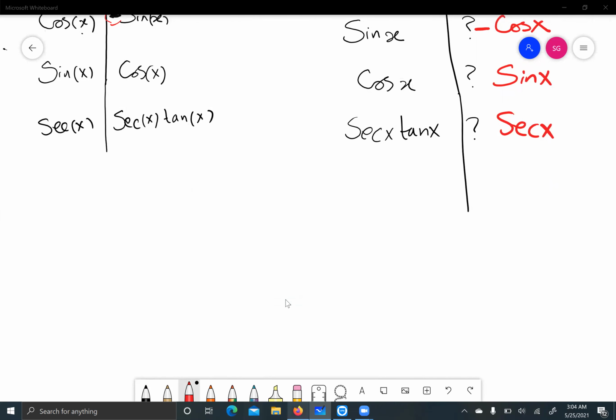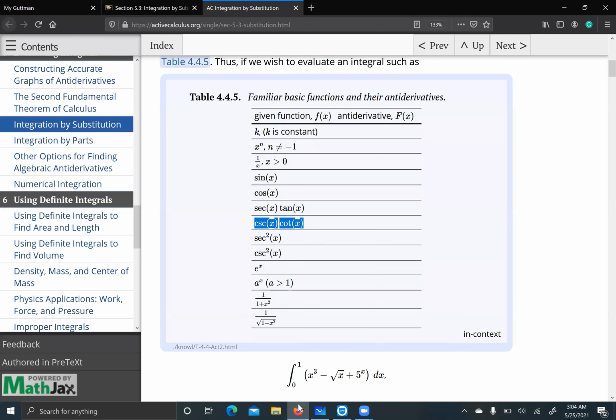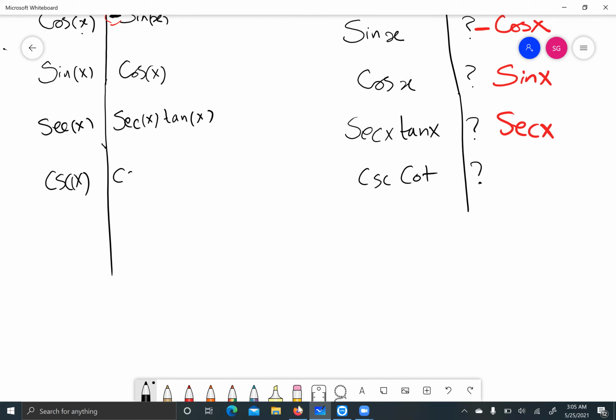And the next one is cosecant cotangent. What is the antiderivative? That's cosecant, because we know that for cosecant, the derivative is cosecant cotangent, but with a negative sign. So here I have to say negative cosecant of x.